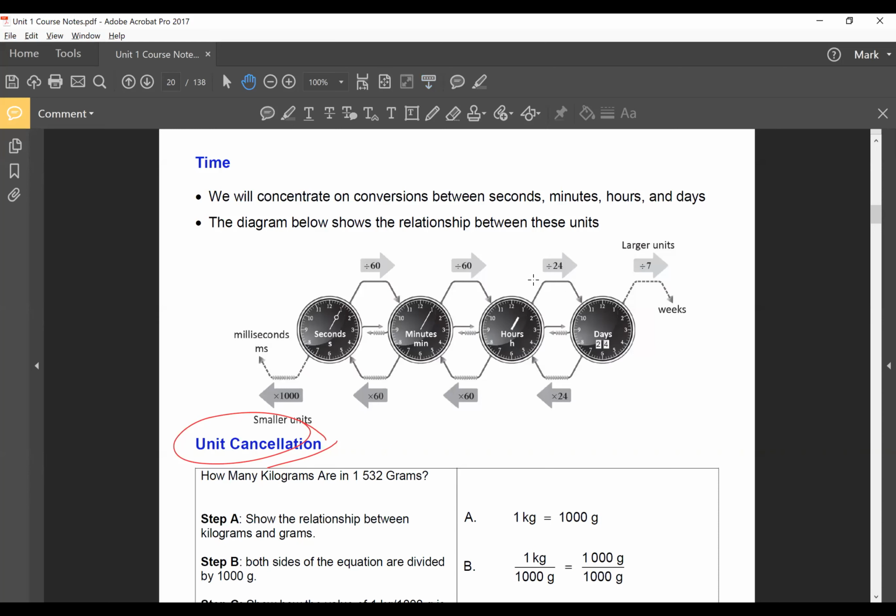All right, so in Math 1700, we're going to concentrate on time conversions in a smaller way. We're not going to deal with months or years. We're going to look at seconds, minutes, hours, and days. The reason I'm bringing that up is I have taught business math before.